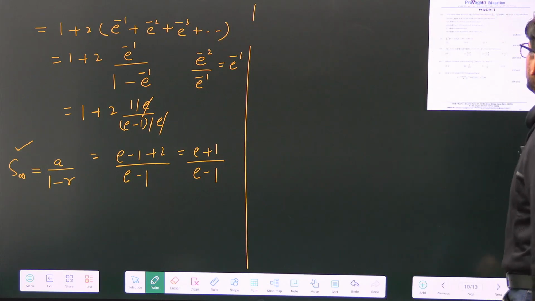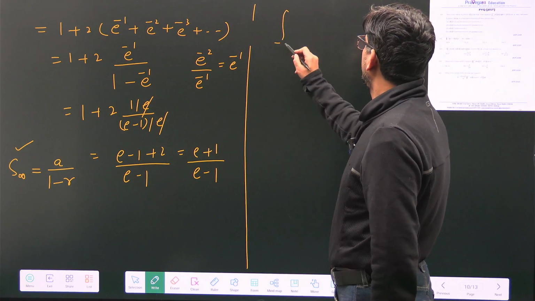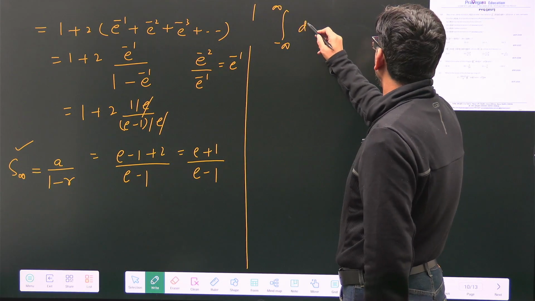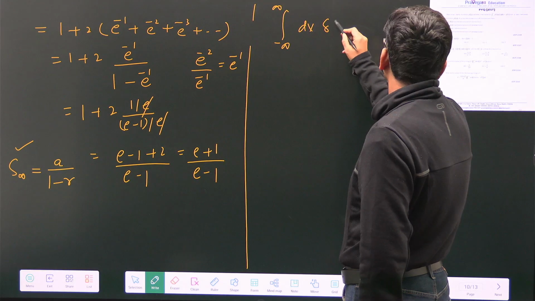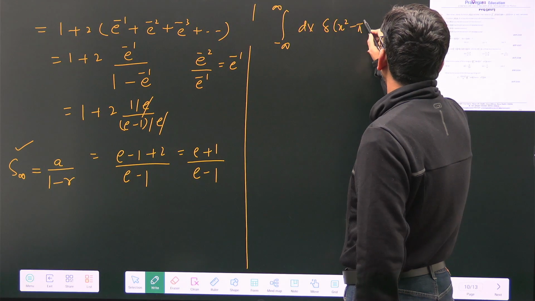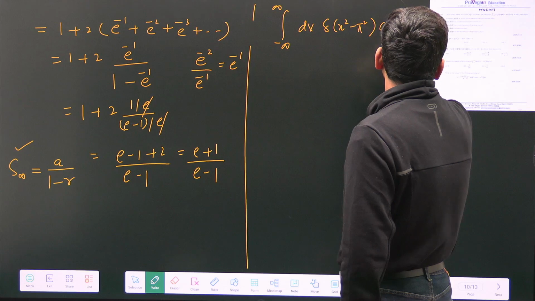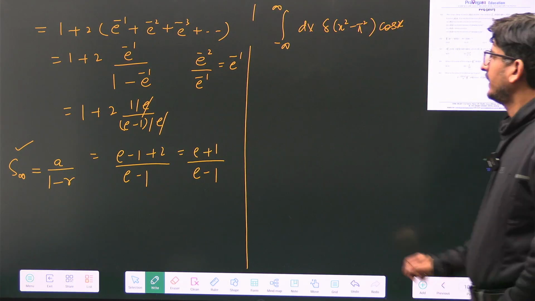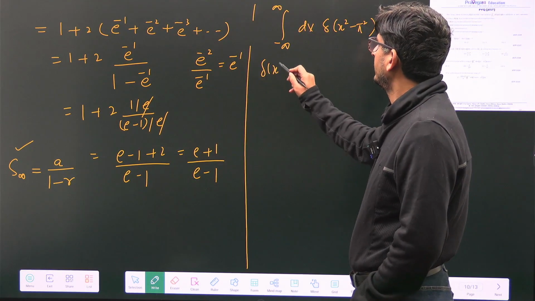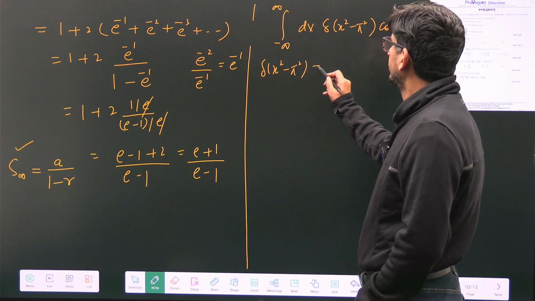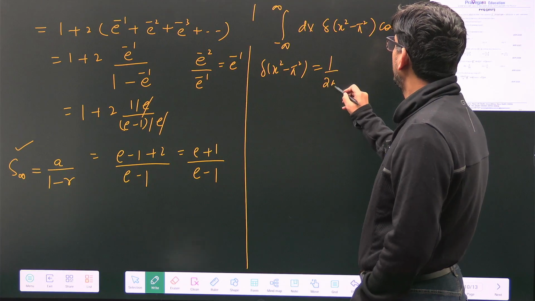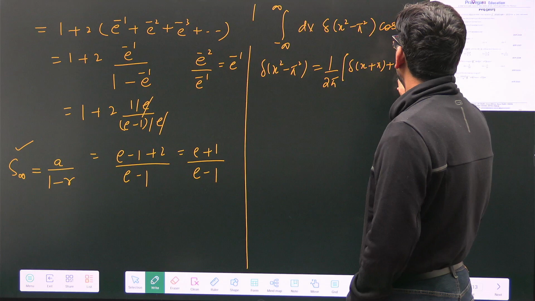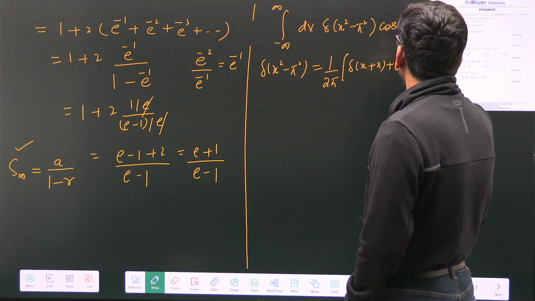Now, the next question is the integral from minus infinity to plus infinity of dx delta of x square minus pi square and cos of x. What is delta of x square minus pi square? Tell me. It is 1/2pi delta x plus pi plus delta x minus pi.